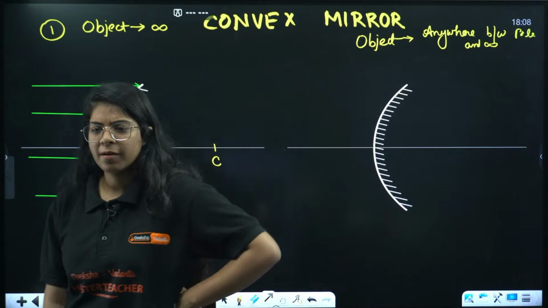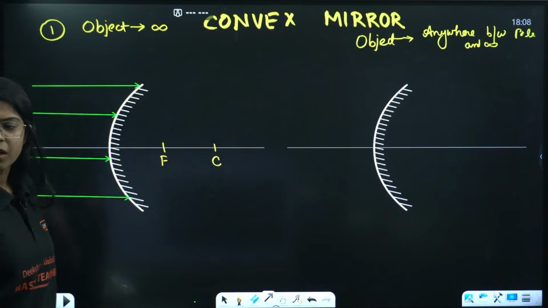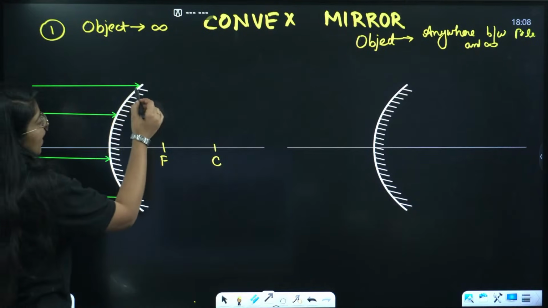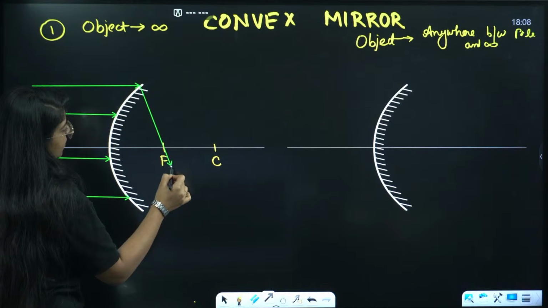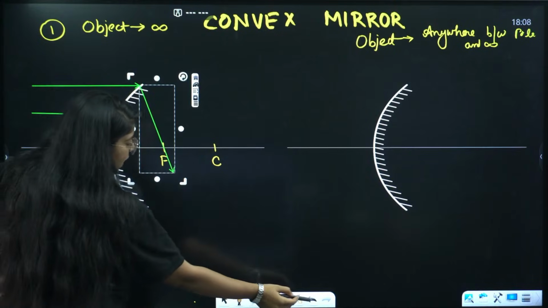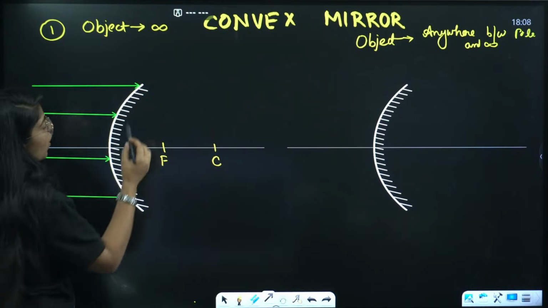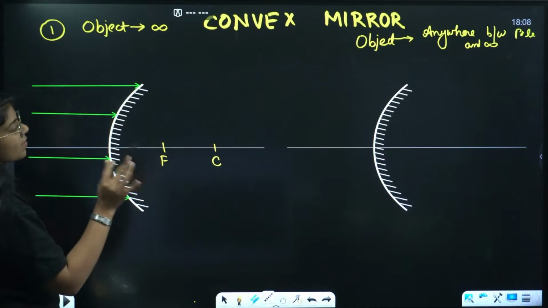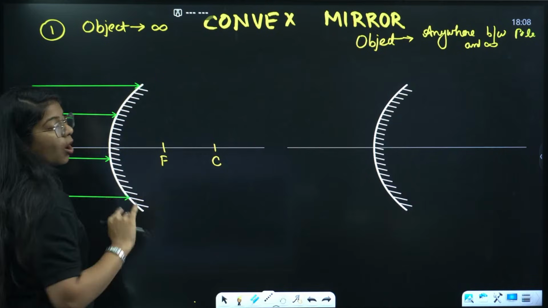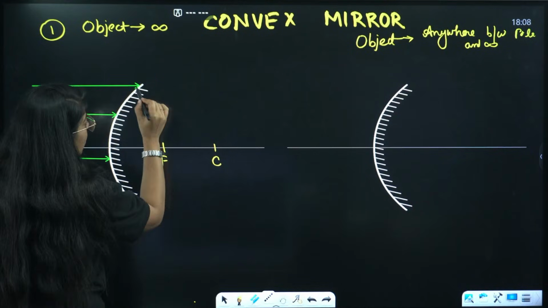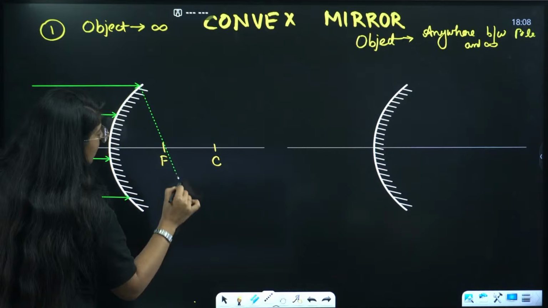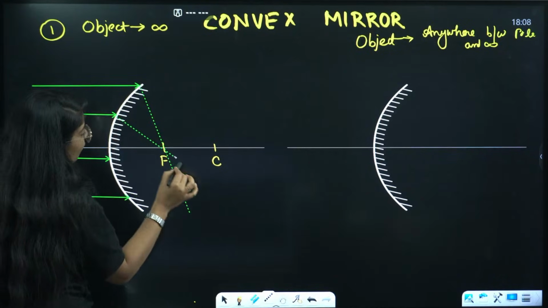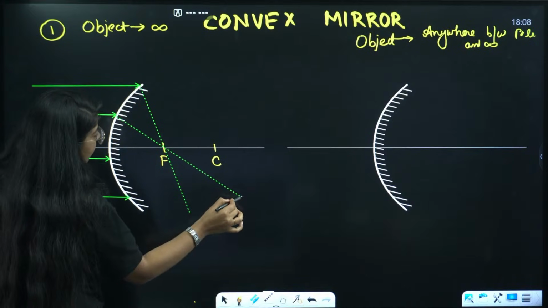Okay, now the image will be passing from focus. Look, in the case of a convex mirror you will not draw proper lines, you will draw dotted lines, because it appears that the rays are passing from focus, but actually they got reflected.